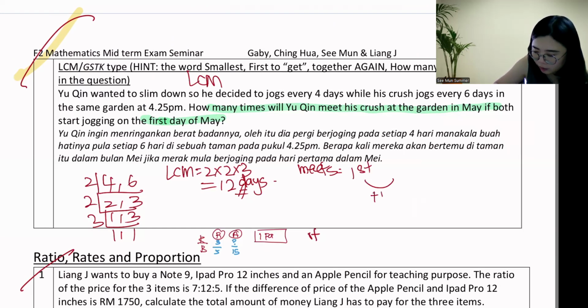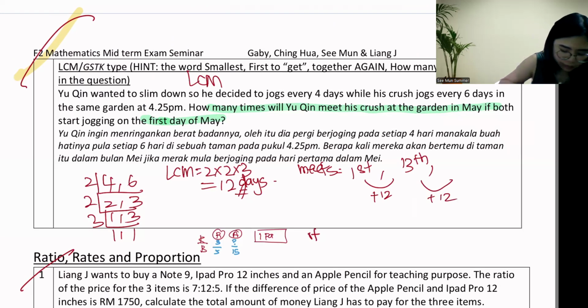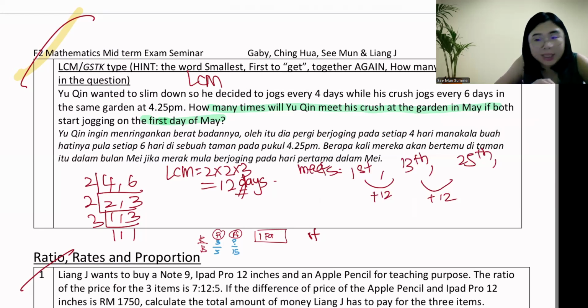So plus 12, it will be 13 May. And then plus another 12 days, it will be 25. And then 25 plus 12 is 37, sorry, 37 is already in June. So the total is 3 times, which is 3 days.